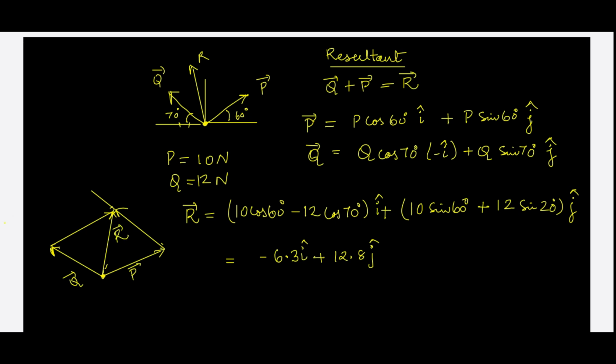This is a parallelogram. So you construct a parallelogram with P and Q as the sides, and the diagonal will give you the resultant. Or you can construct a triangle: put Q here, and whatever is the third side of the triangle is the resultant.